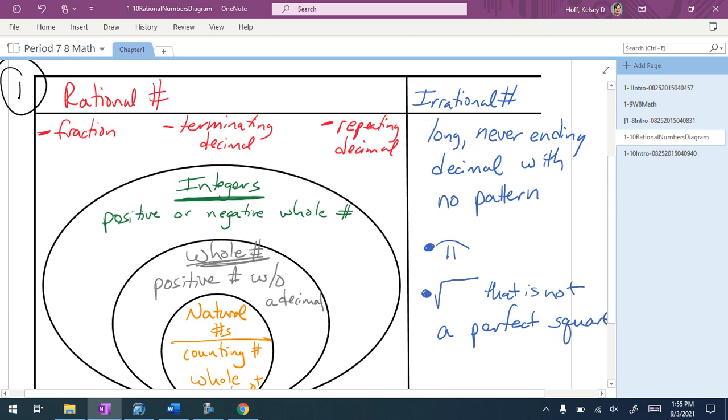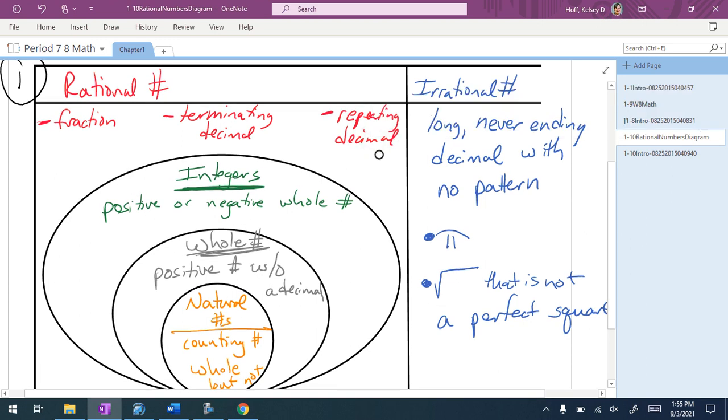So what I like to do is think of this chart as talking about Brandon Valley kids. Okay? All of you guys belong to the Brandon Valley School District, right? So that's like the rational number category. And all of you attend Brandon Valley Middle School, which is like your integer category.